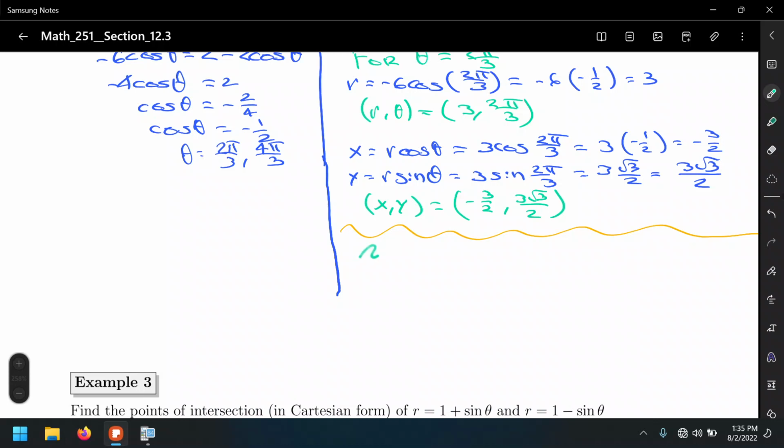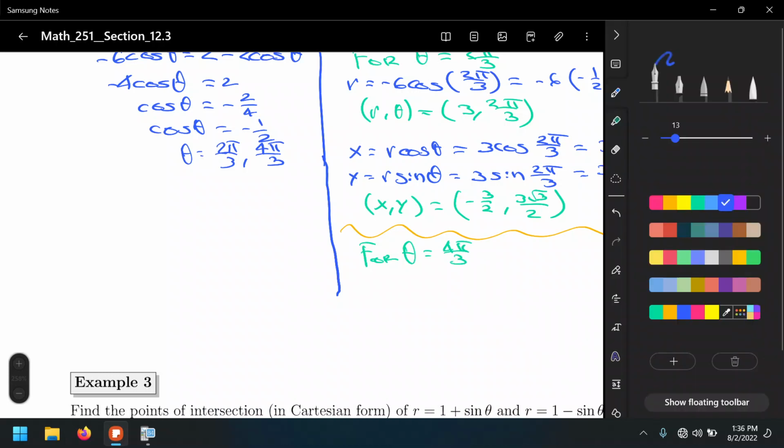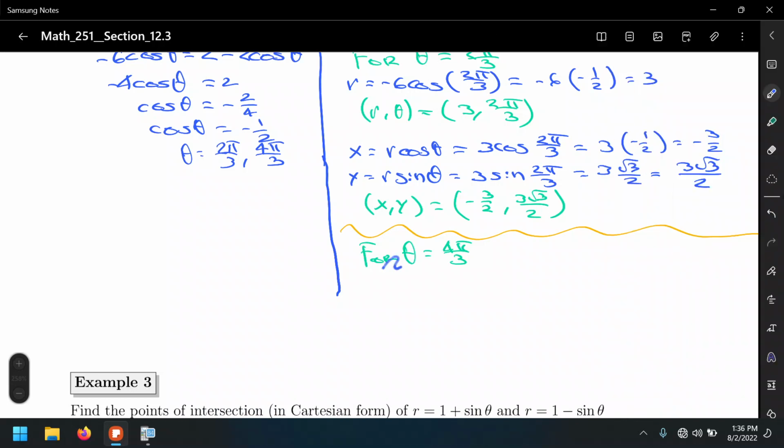Okay, so for theta equals 4 pi over 3, we need to find the radius, since we only know the angle. We need to go back to any of the equations. r equals -6 cosine 4 pi over 3.